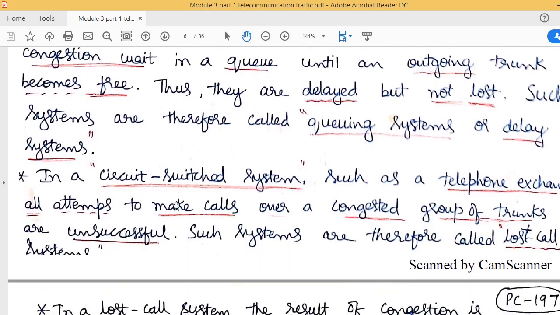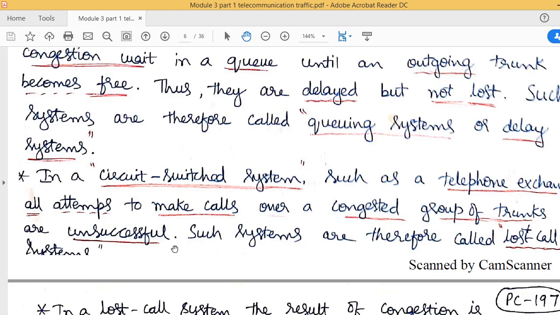We have another type of system called the circuit switch system. A best example is the telephone exchange or telephone line. In a telephone exchange, all attempts to make a call over a congested group of trunks are unsuccessful. If congestion is observed in a telephone exchange and you make an attempt to call, such calls will be dropped.